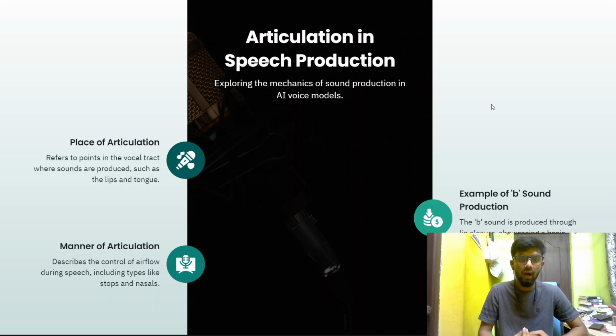I store some air and I release it. That's how place and manner of articulation work, and AI is trained based on it. It is made to understand how it works in human physiology. So let's get further.